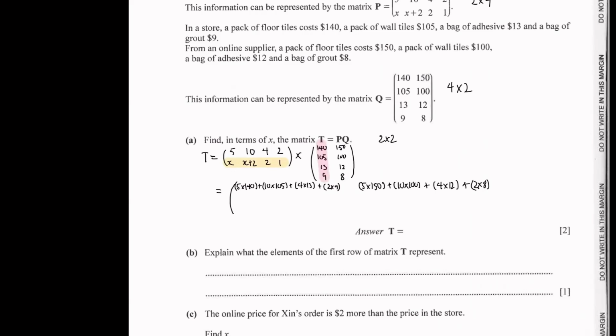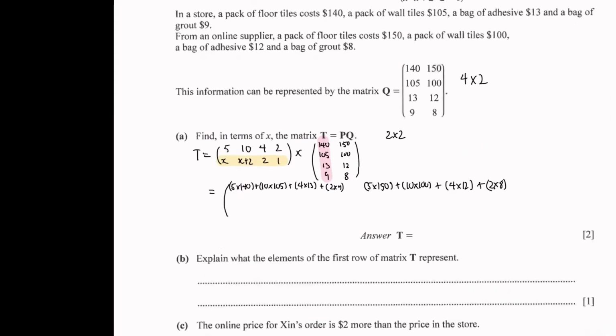So it's going to be x times 140 plus x plus 2 times 105 plus 2 times 13 plus 1 times 9.